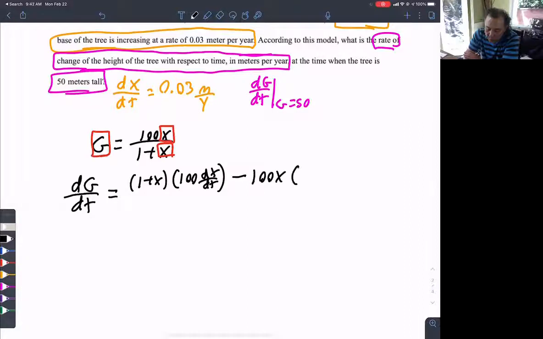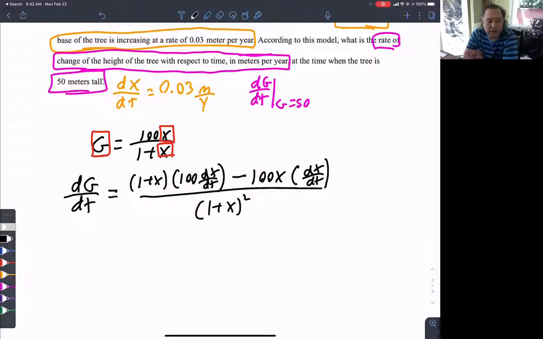D low, the derivative of 1 is 0, and derivative of x, by definition, that is dx dt, all over low squared. So there is our derivative. And we want dg dt when g is 50. So all these should be happening when g is 50. So I'm going to put that kind of sloppily in there.